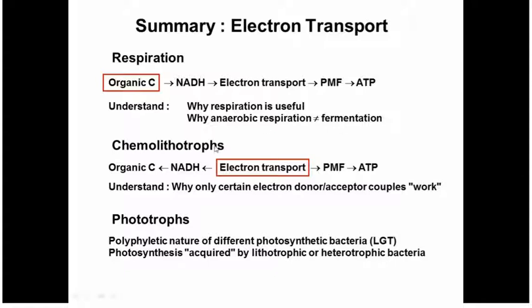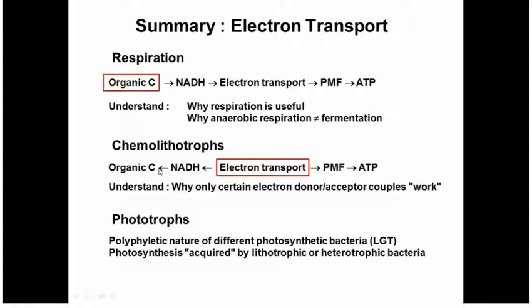Chemolithotrophs, how are they living? Well, the basis of their energy metabolism starts with electron transport from some kind of inorganic mineral source. And from that, they can often generate proton motive force, and this proton motive force is going to generate both NADH by reverse electron transport and ATP.